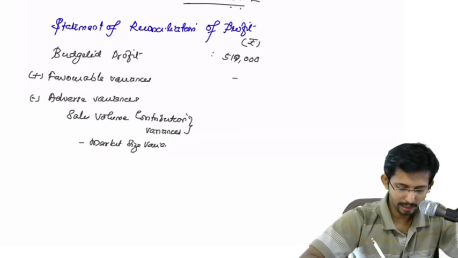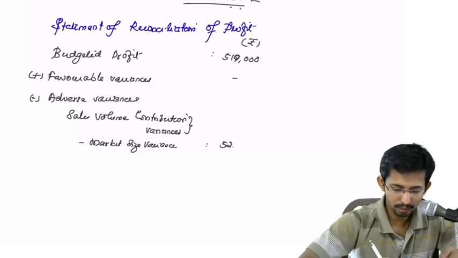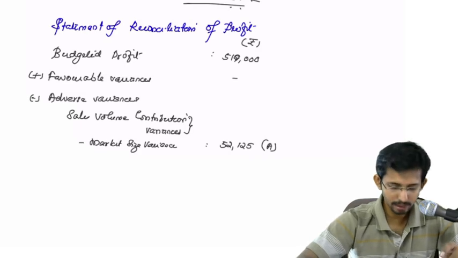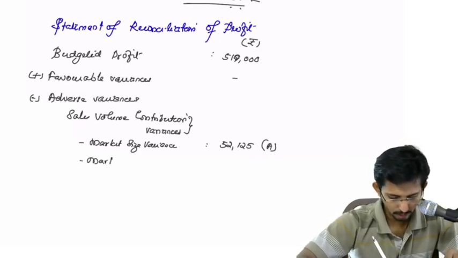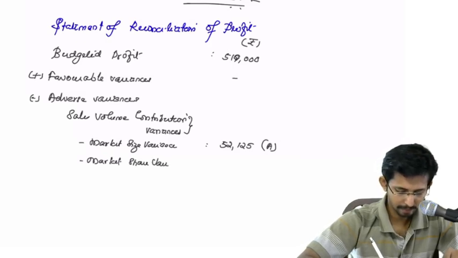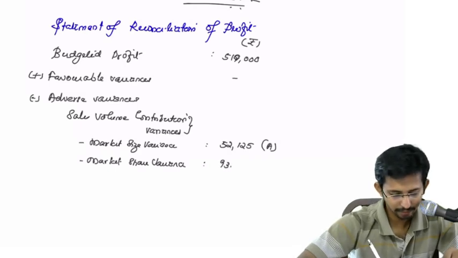Either market size variance or planning variance. What was that? It was 52,125 adverse. It was an adverse variance, right? Now market share or operational variance. What is the amount? 93,825.